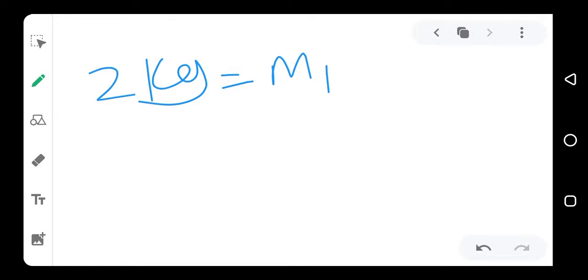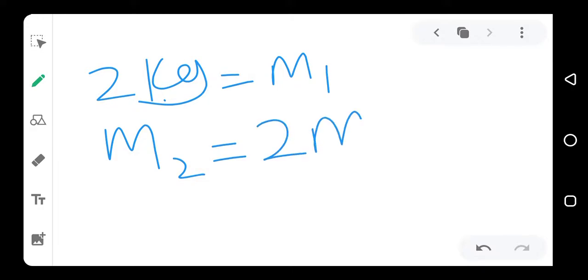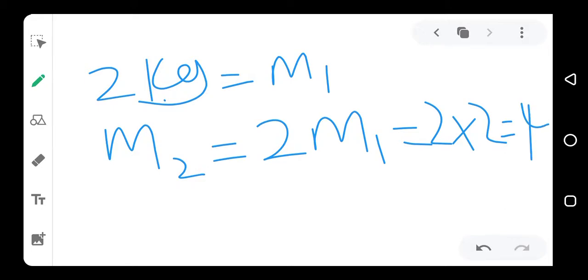And we are told that M2, which is the mass of the liquid and the empty density bottle, is 2 times the mass of the empty density bottle alone. So M2 is equal to 2 times M1, which is equal to 2 times 2, equal to 4. So our M1 is 2 and our M2 is 4.